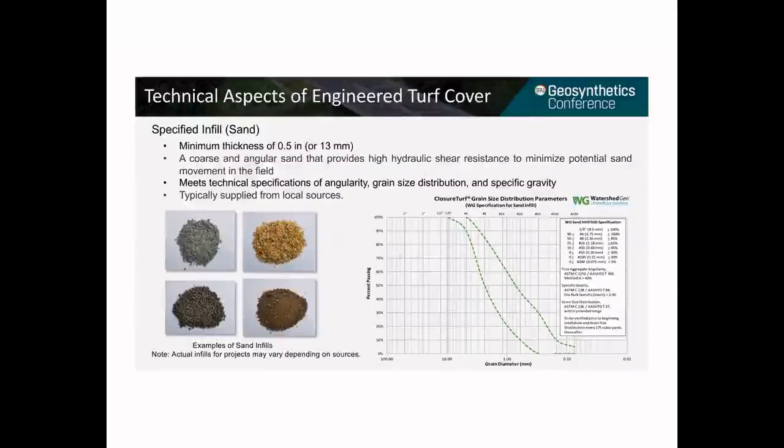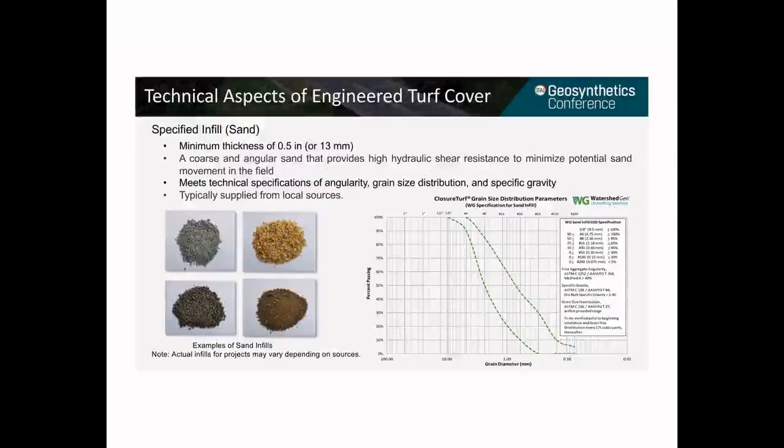The specified infill has a minimum thickness of 0.5 inches. It is a coarse and angular sand that provides hydraulic shear resistance to minimize potential sand movement in the field. It must meet technical specifications of angularity, grain size distribution, and specific gravity. It is typically supplied from local sources according to the technical specifications.